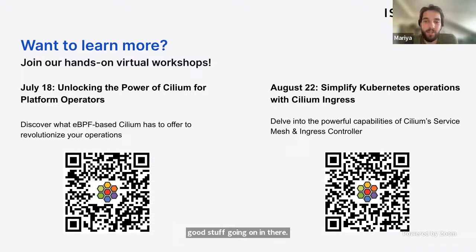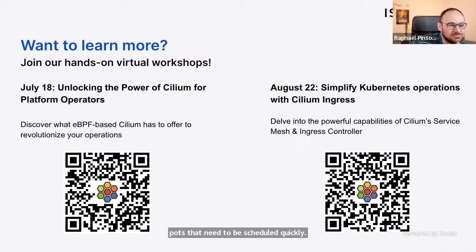Is there any way to ensure that some nodes are always in running state using Karpenter Autoscaler for critical pods that need to be scheduled quickly? That's a good question. I don't have a quick answer to this.